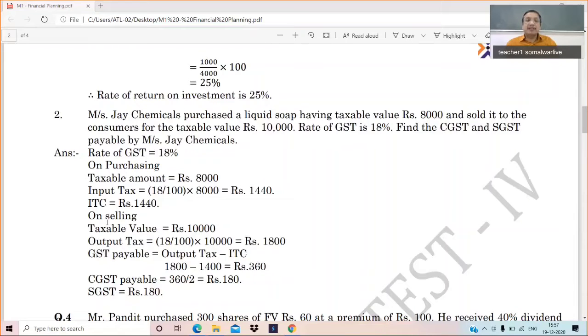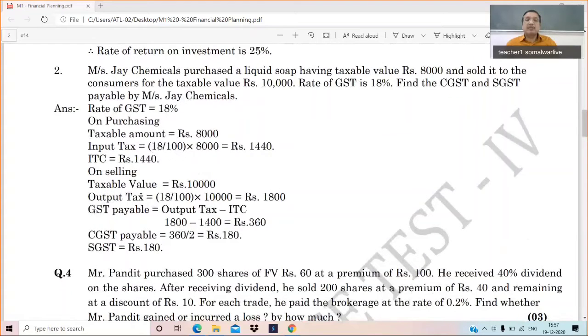At the time of selling, he sold it for rupees 10,000 to the consumer, so the taxable value is rupees 10,000, and the output tax that he collected, 18% of 10,000, is naturally rupees 1,800. So how much GST does he have to pay? Out of 1,800, he has already paid 1,440 rupees. So he will take the benefit of this.